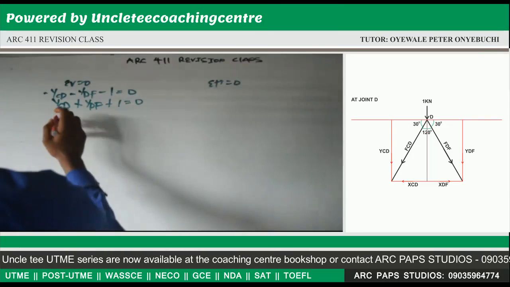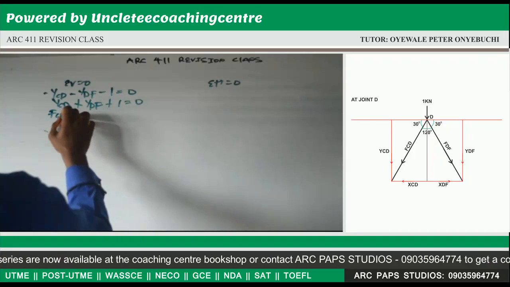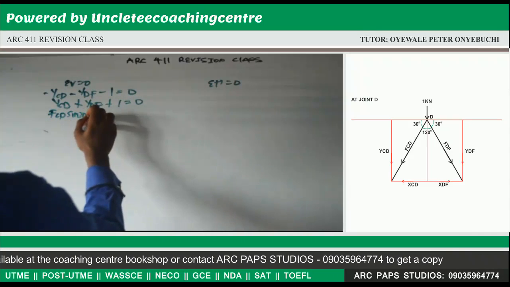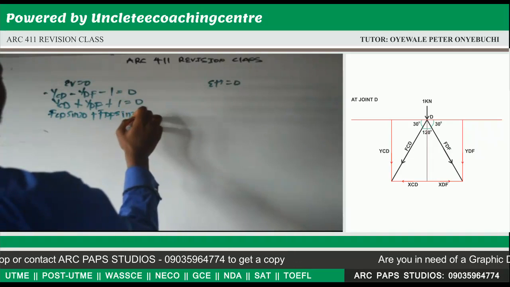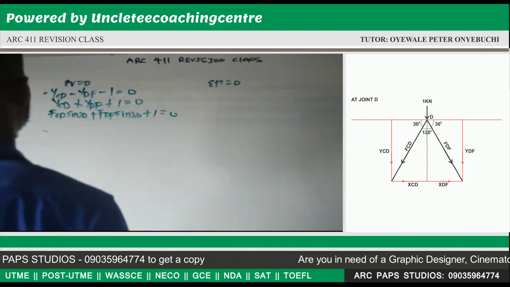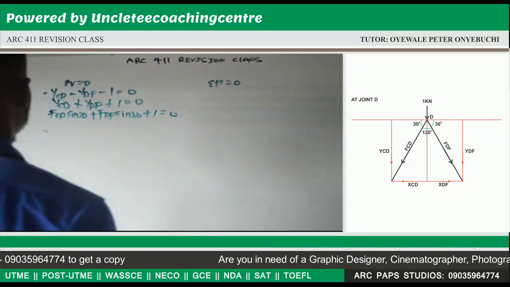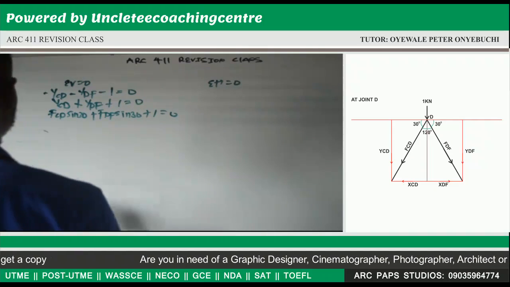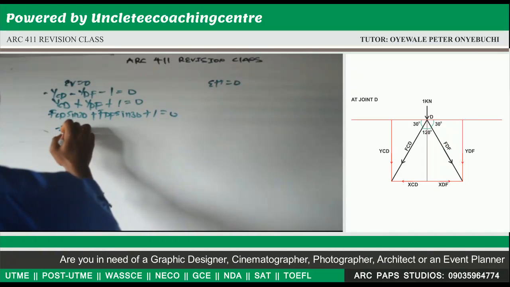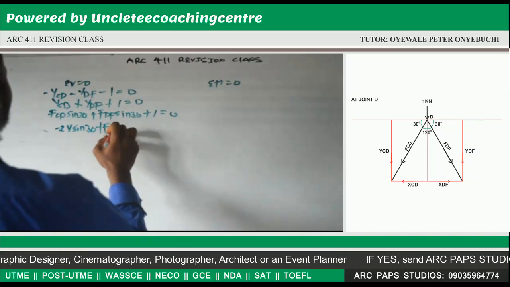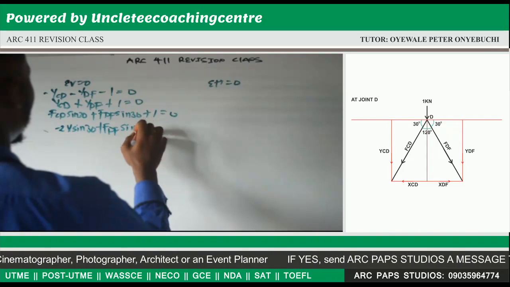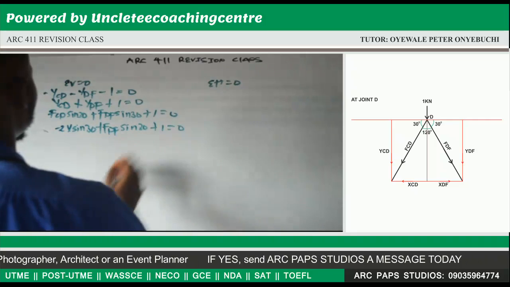Now our YCD, when we resolve, this will be FCD sine 30 plus FDF sine 30 plus 1 is equal to 0. Now I've gotten our FCD to be minus 2, so this will be minus 2 times sine 30 plus our FDF, we don't know that, sine 30 plus 1 is equal to 0.